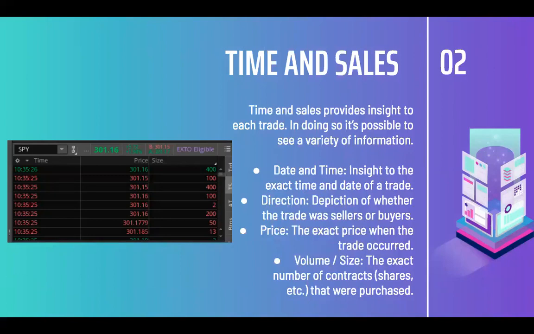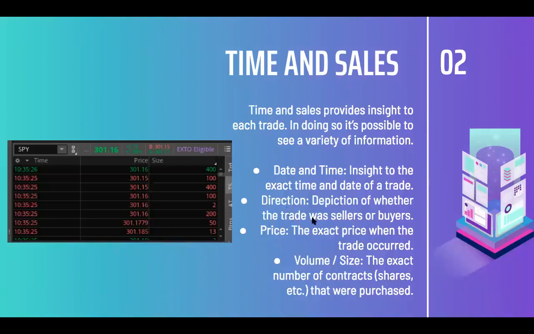Time and sales provides insight to each trade. In doing so, it's possible to see a variety of information. It gives us insight to the date and time, the exact time and date of a trade.